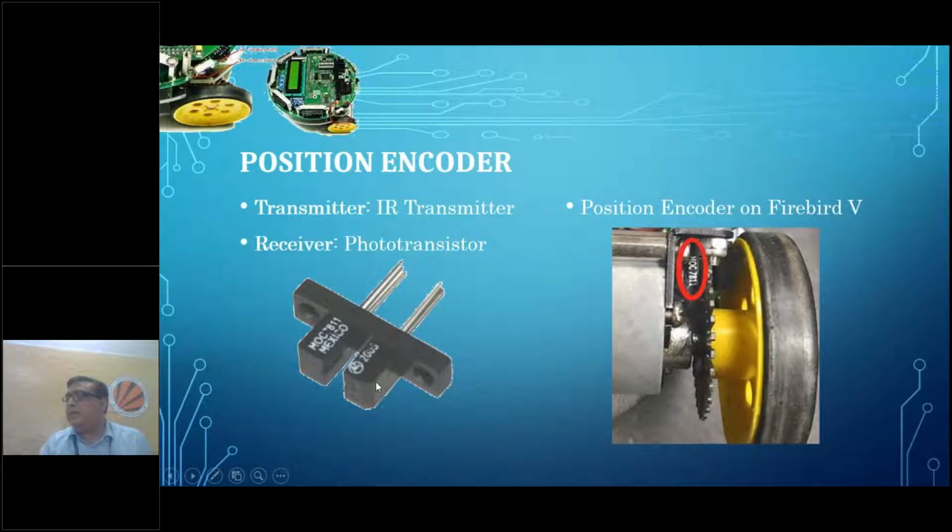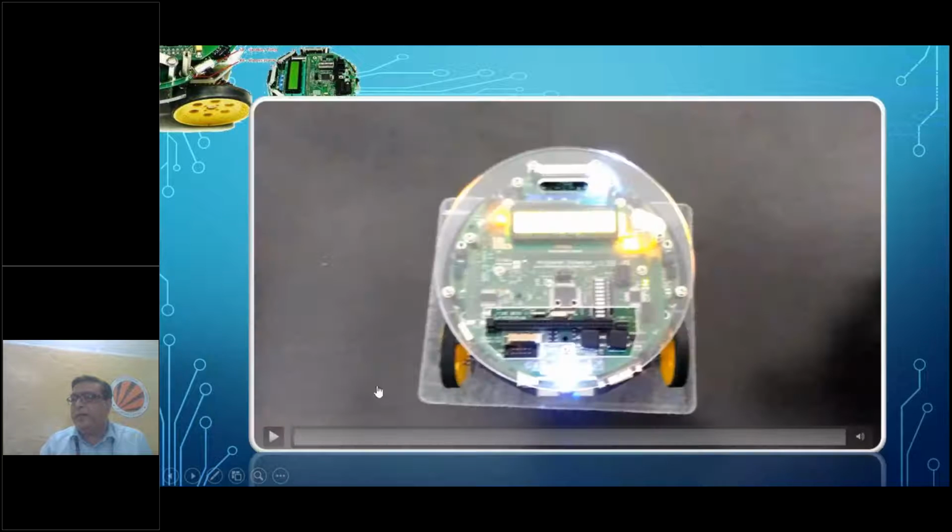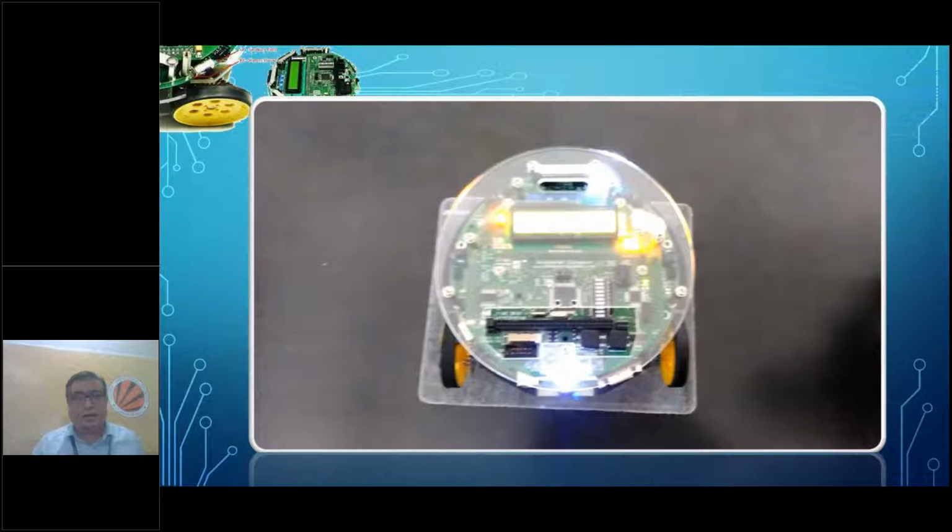So this is the position encoder sensor, and using the position encoder we can find out the velocity of that particular wheel. In the robot, both the wheels work independently, as both wheels have their own motor.